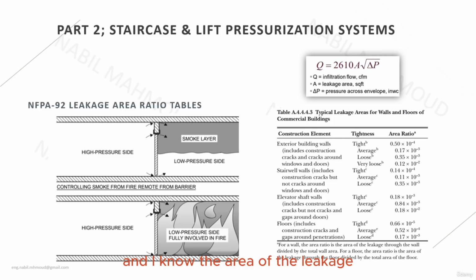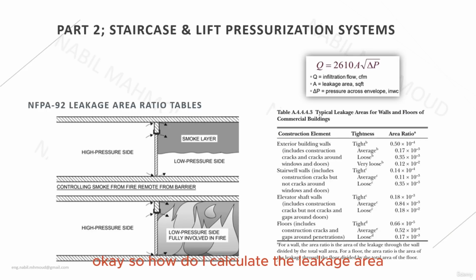And I know the area of the leakage because I know the number of doors, and I know the area of the concrete walls, so I can calculate the gaps. Once I calculate the gaps and I have the pressure difference, I will use them in this equation to easily calculate the infiltration airflow. This infiltration airflow is the flow that is required to maintain a pressure, given that there are these leakage areas inside the place.